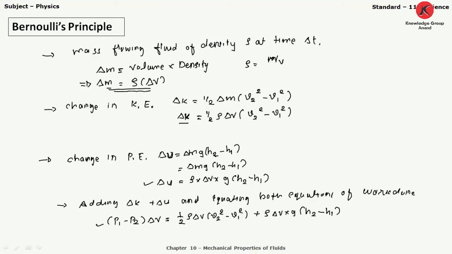So from the equation we can see delta V is common, so delta V cancels out from both sides.